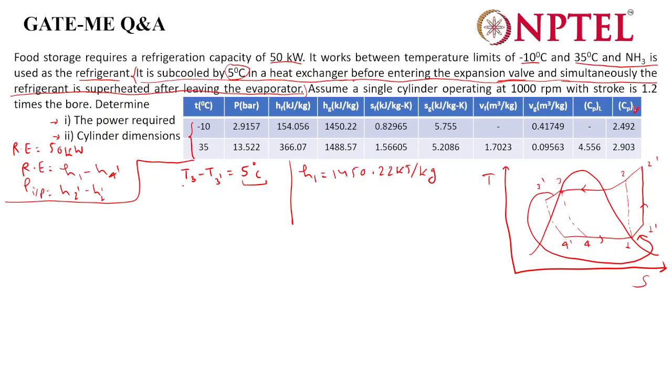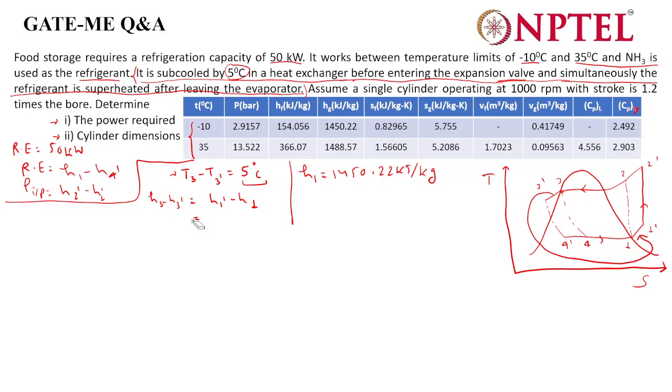What is the Cp of liquid for this? 4.556. It means H3 minus H3 dash would be equal to H1 dash minus H1, right? Yes.